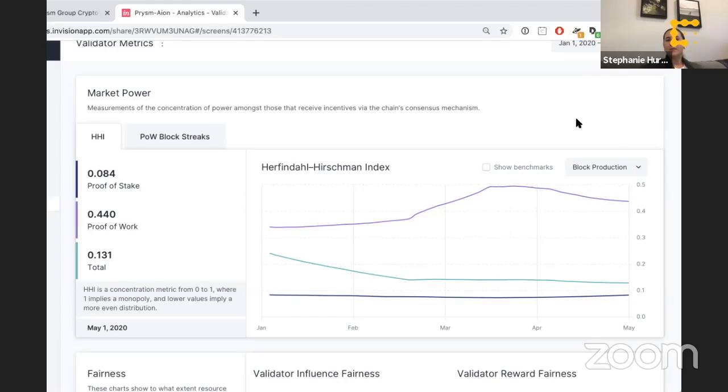And one of the things we're able to do using Flipside's huge suite of data is to introduce benchmarks. So we are able to compute these equivalent numbers for Bitcoin and Ethereum. And so you can see them here. So the HHI for Ethereum is a little less than 0.2. And for Bitcoin, it's slightly lower.